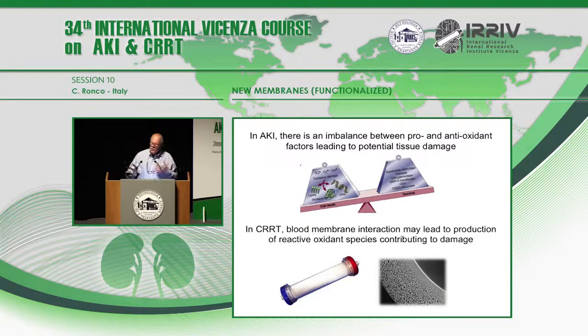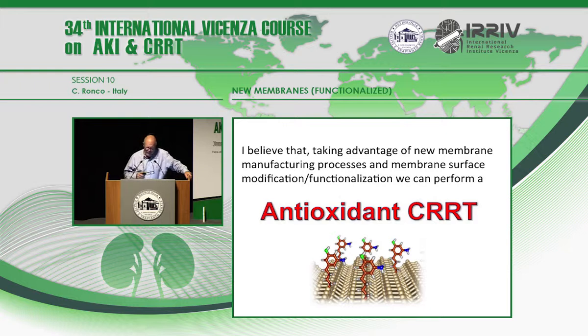So we have the syndrome, and we also have the contact with the potential external biomaterial. I believe that taking advantage of new membrane manufacturing processes and membrane surface modification, we can perform a kind of antioxidant continuous renal replacement therapy.